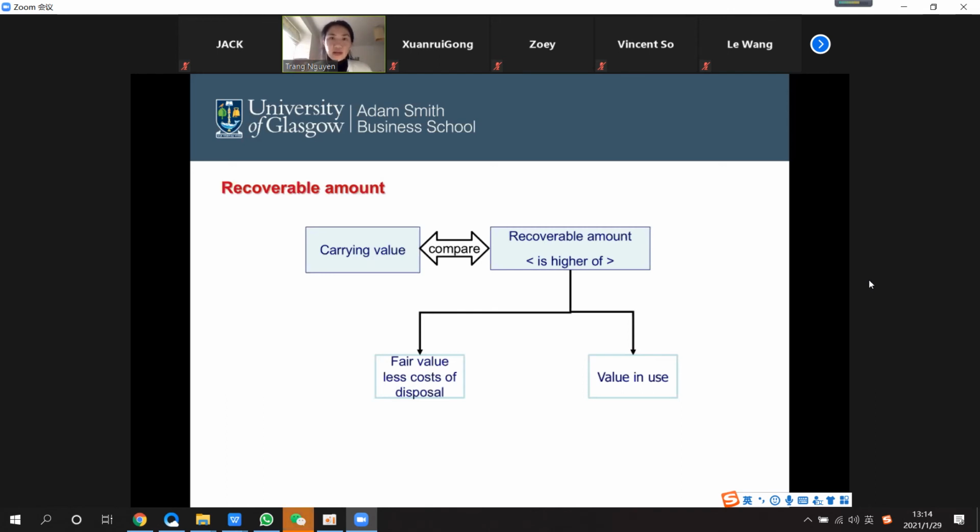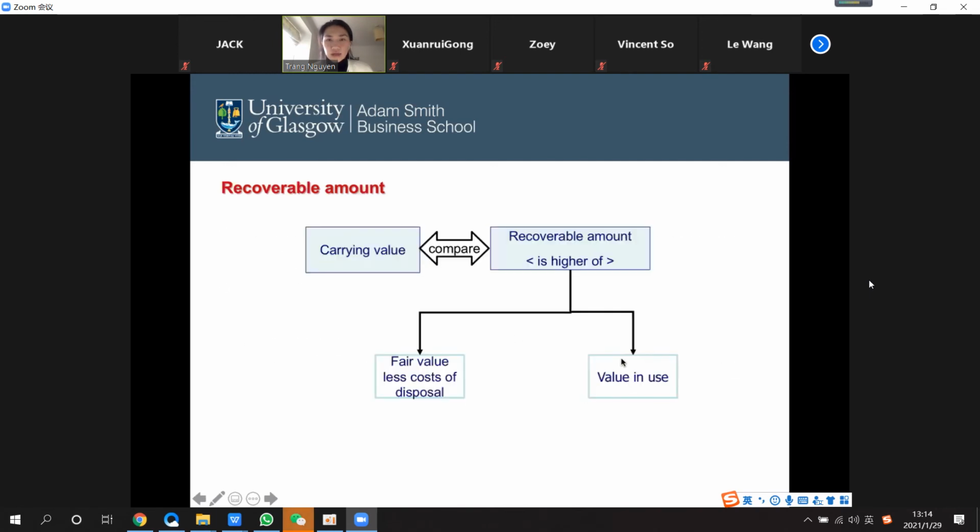However, when we test it and check the value of the asset, we see that the value is lower than the carrying value. If it's lower, we need to record impairment. And how can we identify the recoverable amount? The recoverable amount is the higher of fair value less cost of disposal or the value in use.